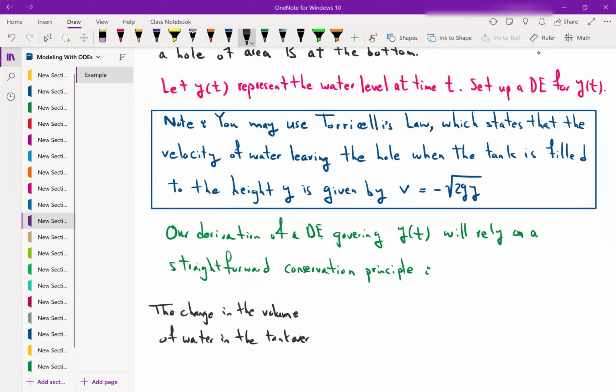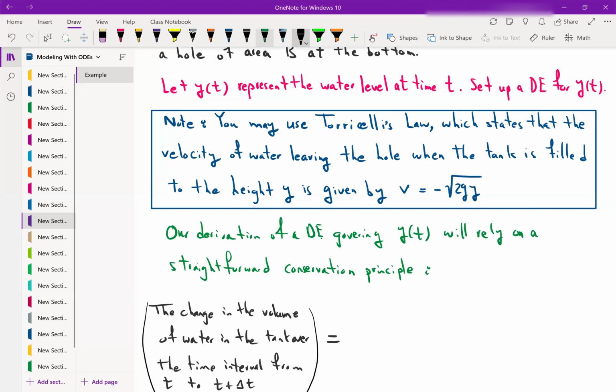over the time interval from t to t plus delta t is equal to, equals on the right. So let me actually put this quantity inside parentheses.